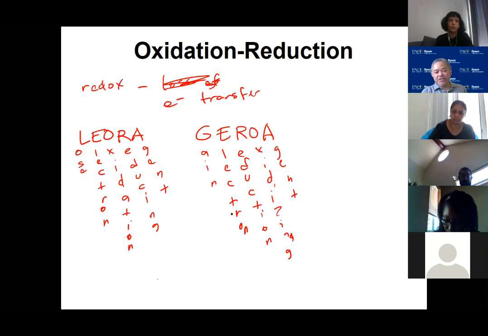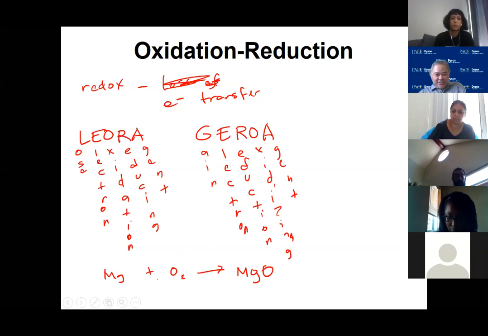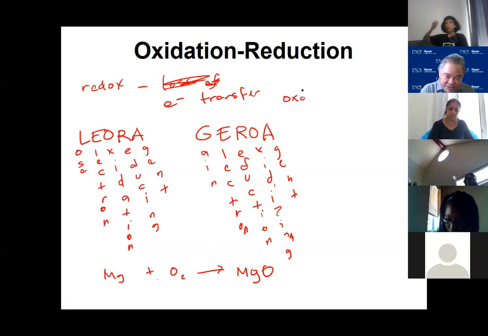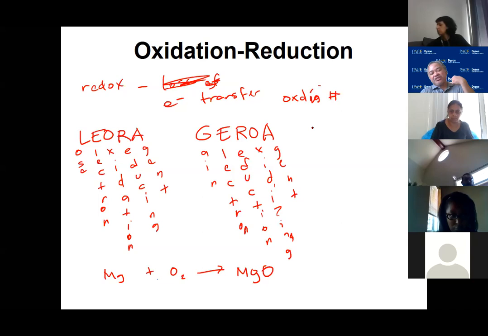So how do we have an example here like this one? Magnesium reacting with oxygen to give you MgO. Now, another thing that you need to know about redox is the so-called oxidation number. Why? Because by changing the oxidation number, that's the only way for you to know that there's a redox reaction.